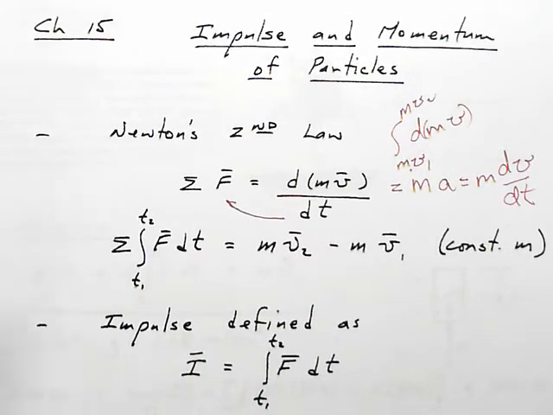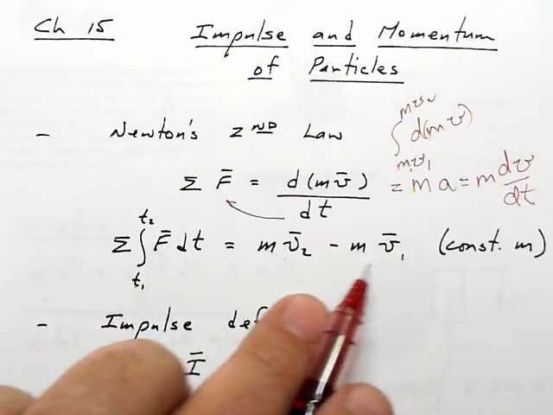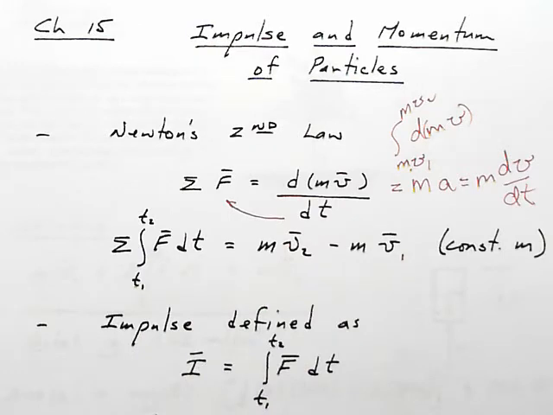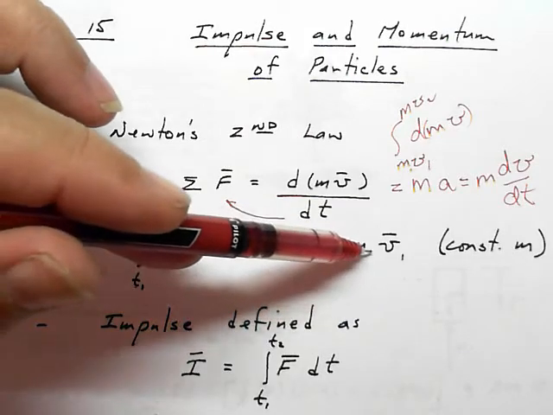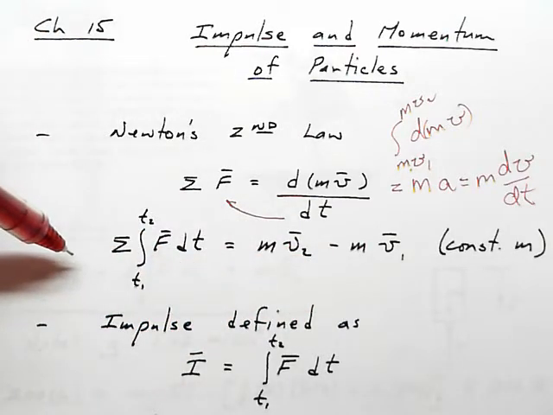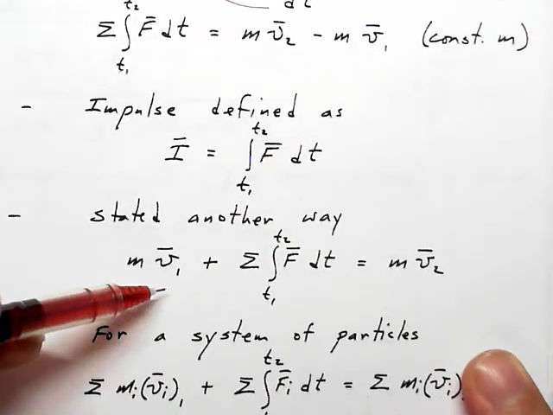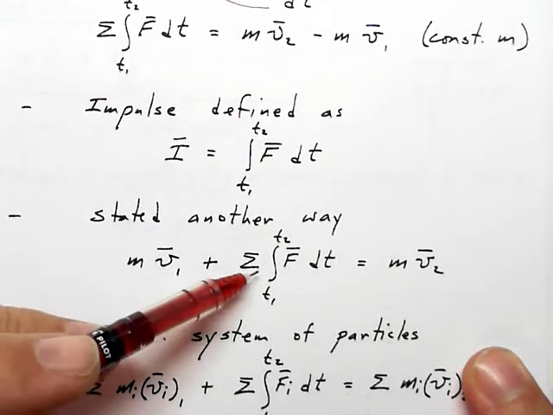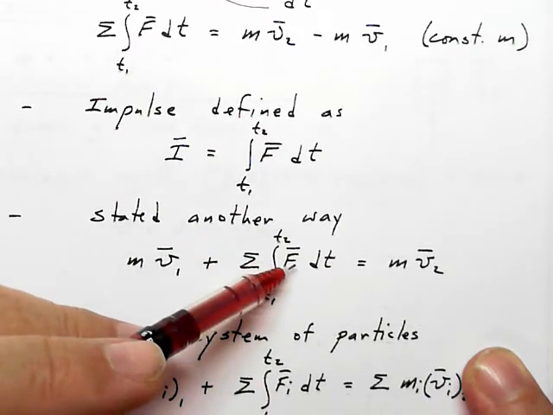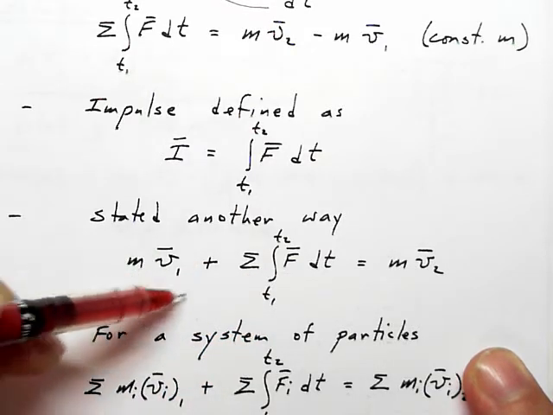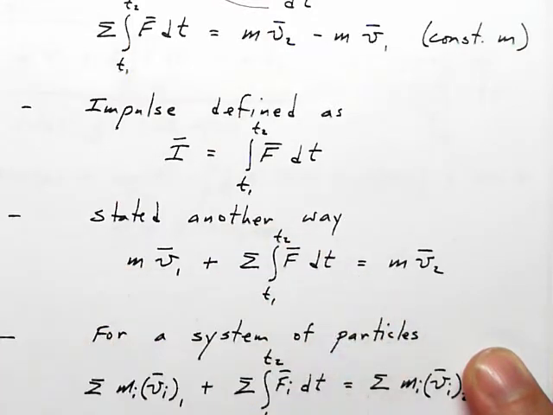And so taking the impulse integral, equating it to the change in momentum, and for convenience we will generally write the equation so that we move this starting momentum to the other side with a positive sign, and we will typically write it as mv1 plus any impulses, linear impulses, because we're talking about force vectors, straight line things, as opposed to torques. So starting momentum plus any impulses is equal to final momentum.